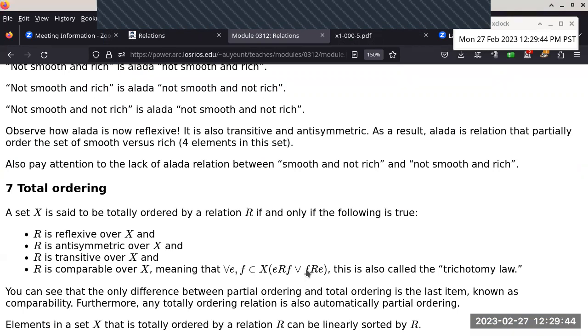The other way to look at this is you can reach into the set and say, you're going to be E and you're going to be F. Regardless of how you choose E and F, these two have to be related. So that means (E,F) has to be in R or (F,E) has to be in R. Are we doing okay so far with this? All right.